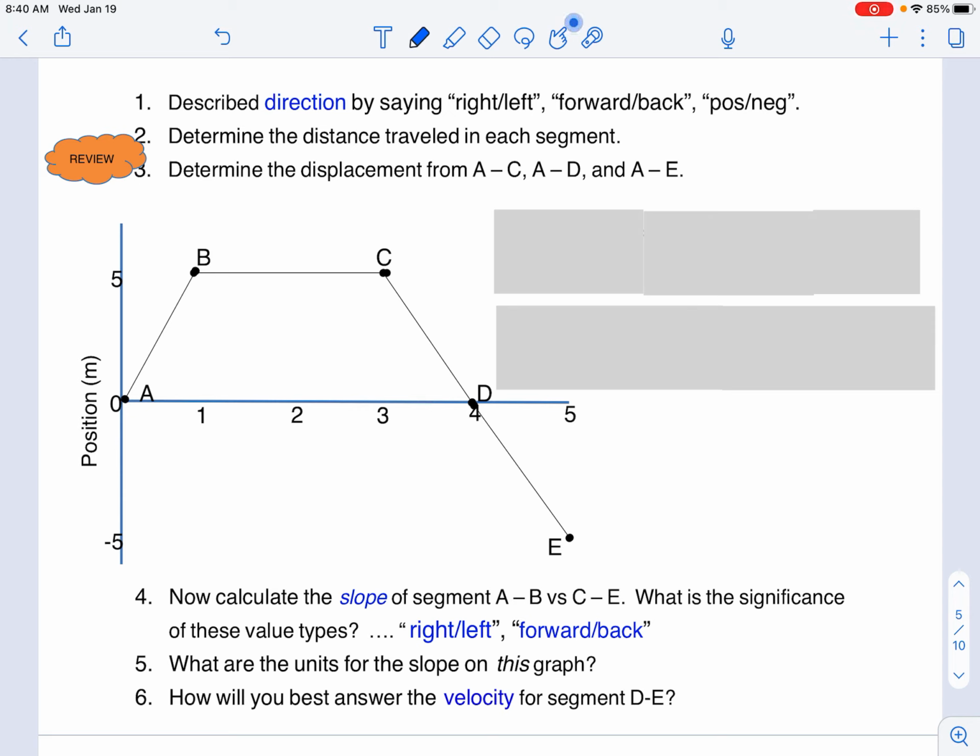It's asking us to describe the direction by saying right, left, forward, back, positive, negative. The directional references are going to vary depending on the questions that you are given. As long as we understand that right and left are going to be opposites, where one is assigned a positive value and one is assigned a negative value, that's the most important thing for right now.